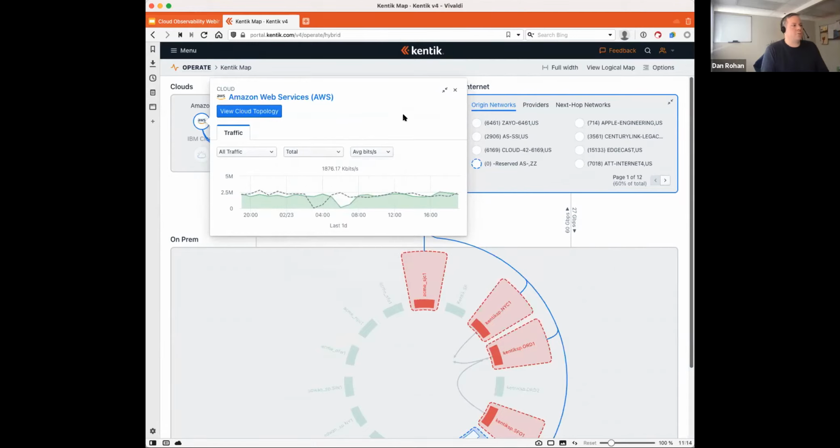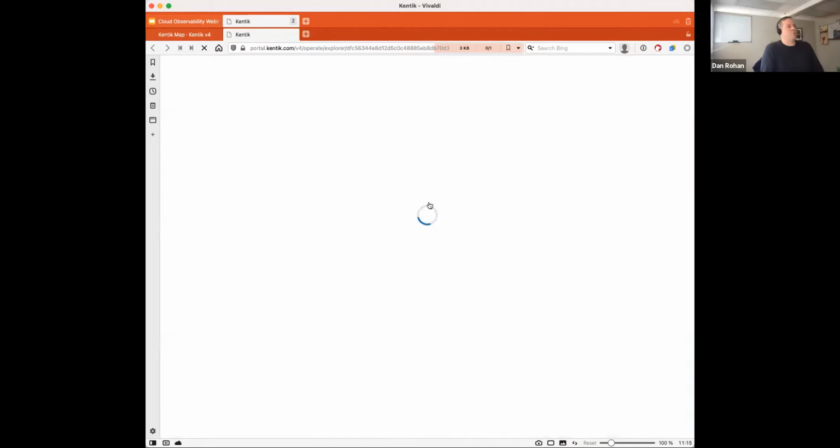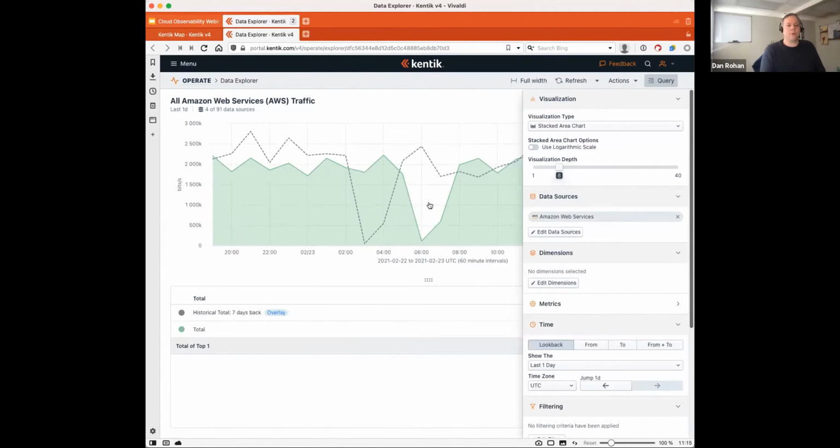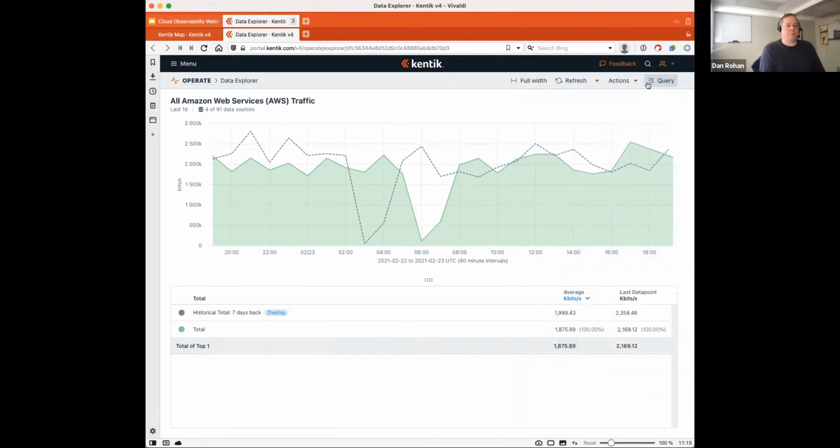But I'd like to also show off our Data Explorer and explain how we can use that to really dig into the network observability concepts that Anil touched on at the beginning of this call. So the Data Explorer, like I said, was built to enable that kind of network observability.